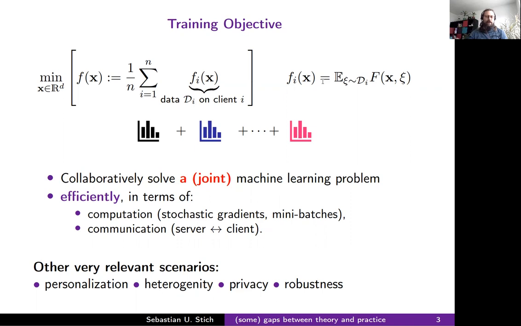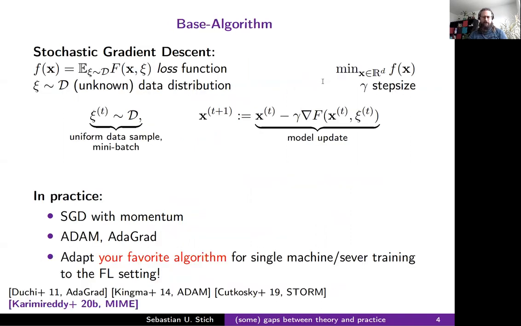And we now look at algorithms that are efficient in terms of number of computations, but also in terms of communication that are needed between the server and the clients. So the base algorithm that we often consider, or variations of this base algorithm, is stochastic gradient descent.